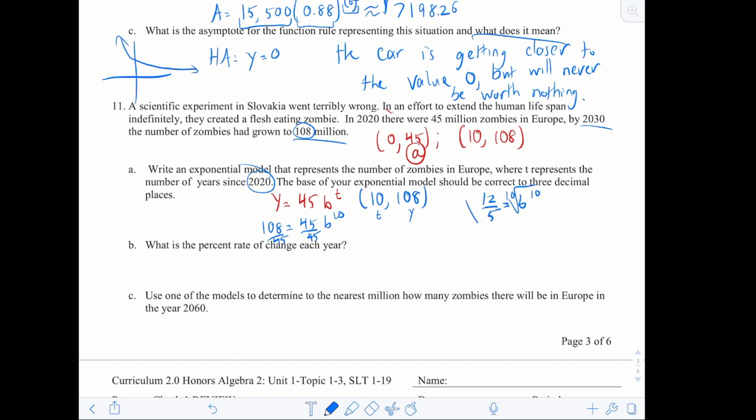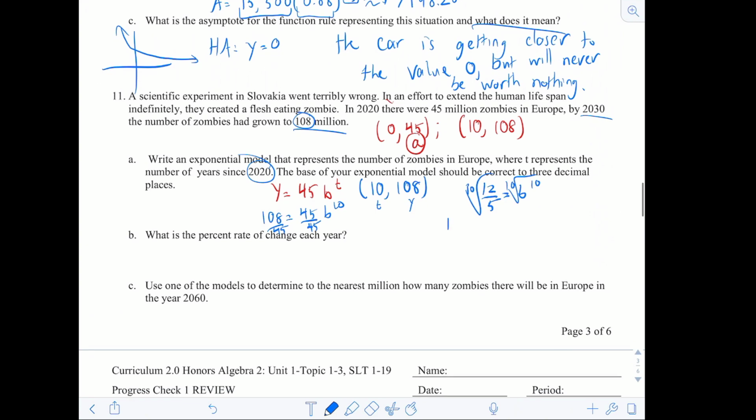Then do the 10th root to both sides. That's another way of saying 12 divided by 5 raised to the 1/10th power. Remember, that needs to be in parentheses to get my b value. So I'm going to write parentheses 12 divided by 5, caret, open parentheses, 1 divided by 10, and you should get 1.09 is equal to b.